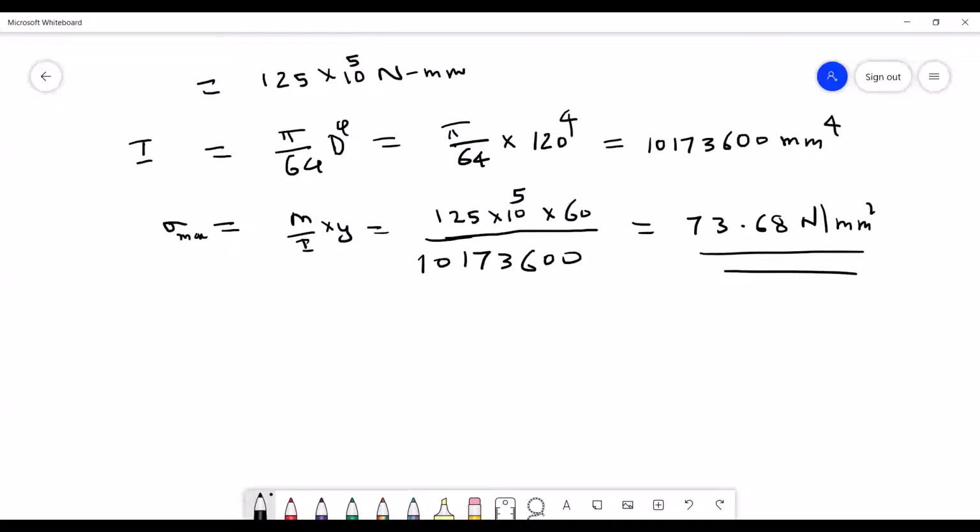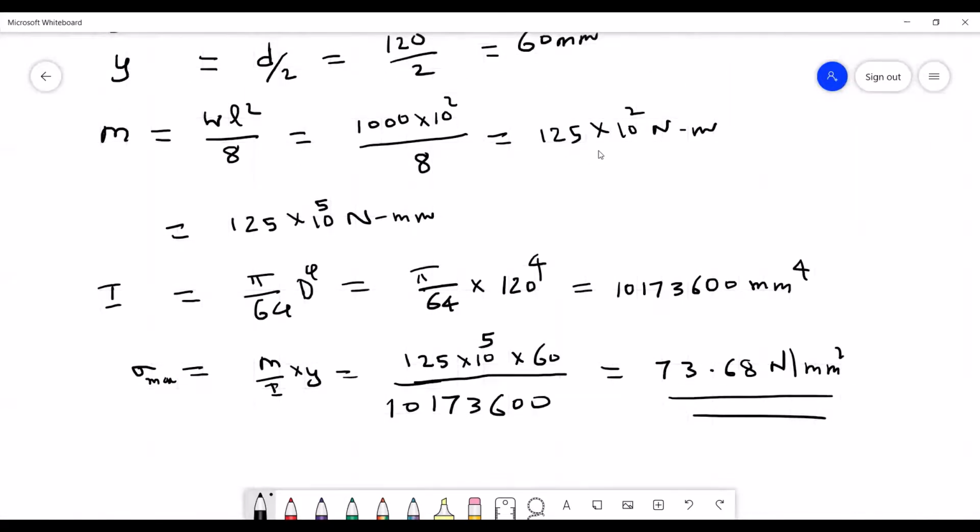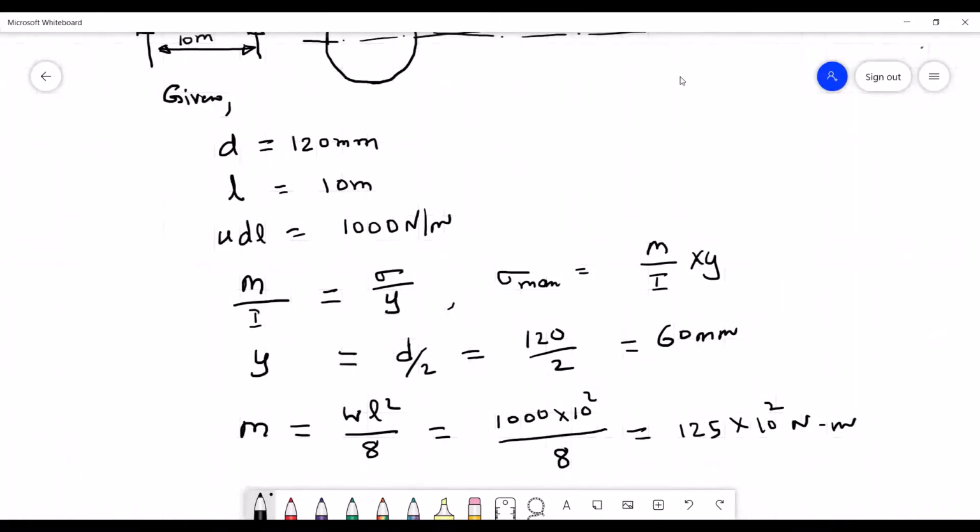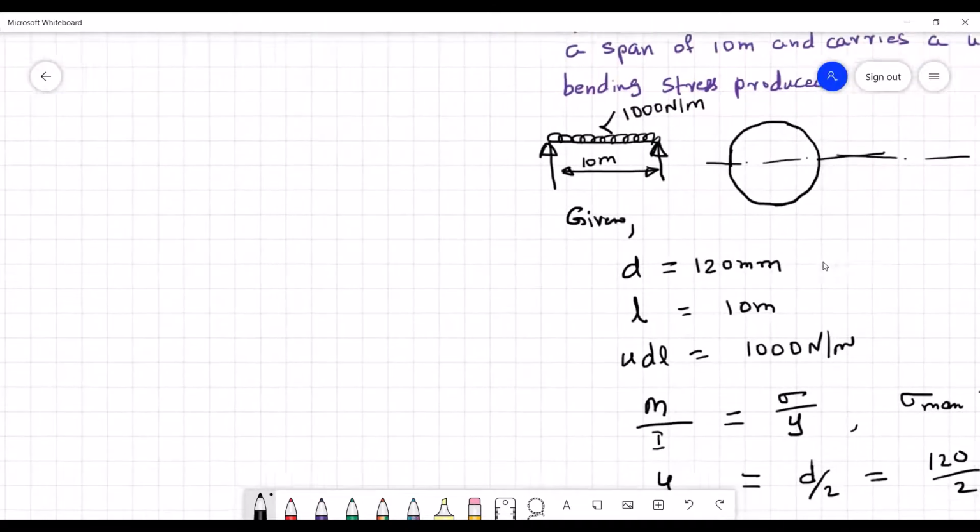Now let us draw the stress distribution also. We will draw the stress distribution diagram here.